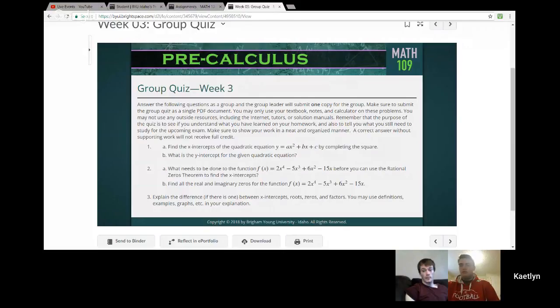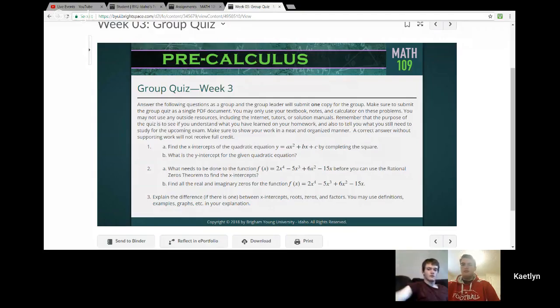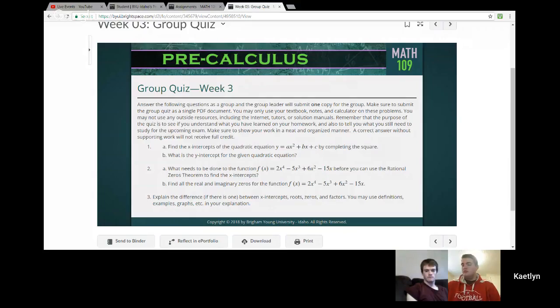It's gonna take a little bit of room. So 0 equals a(x minus h) squared plus k. And now we need to get x by itself. So we can just minus k first, right? Mm-hmm.